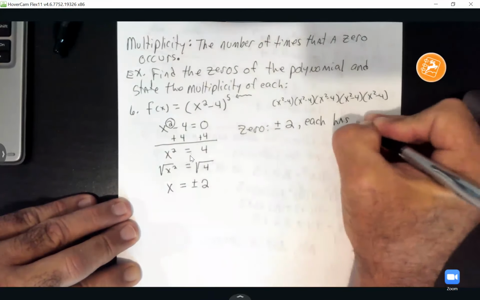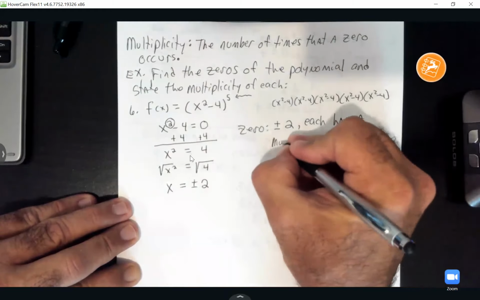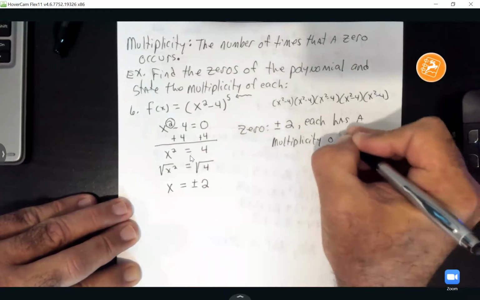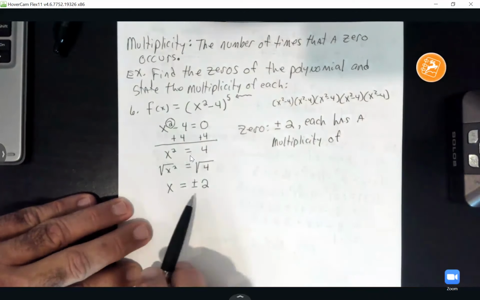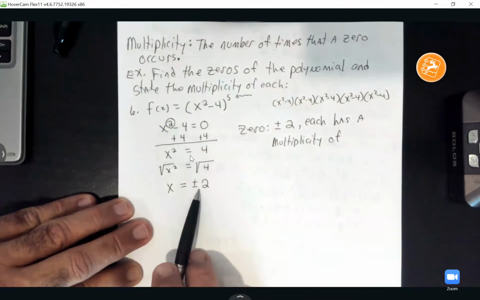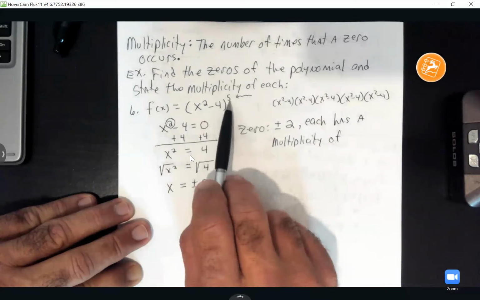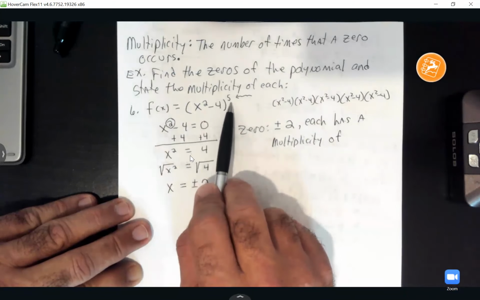Each has a multiplicity of, well, y'all, if this factor gave me a plus or minus 2 from a zeros, how many times does that occur in this polynomial? Well, guess what? That's what that 5 is.